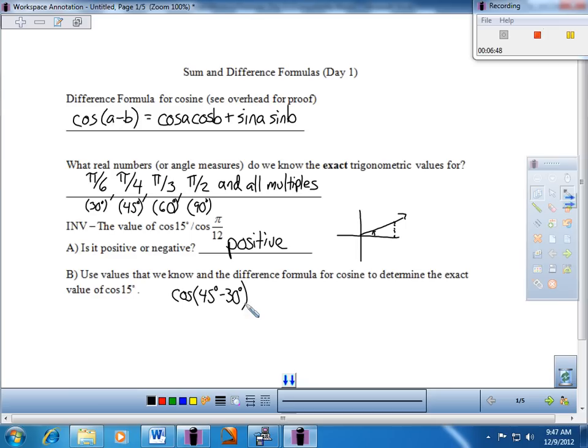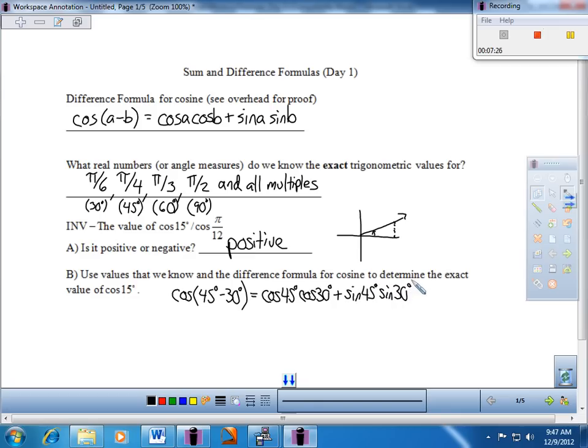Now, the way this formula works, everybody, it's not distribution here. It's not cosine of 45 minus the cosine of 30, end of story. No, it is a little more intricate than that. And so what you want to do is follow the formula up above, and the above formula says you take the cosine of the first angle times the cosine of the second angle, and then add sine of the first angle times sine of the second angle.